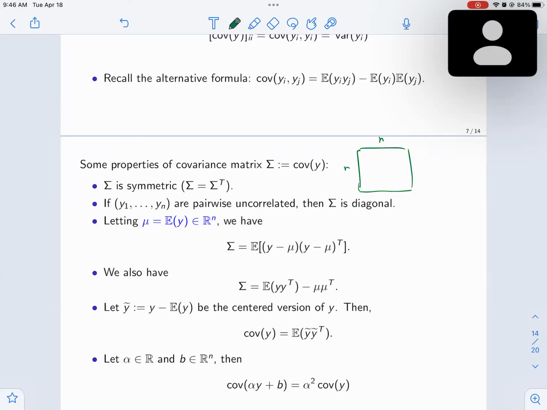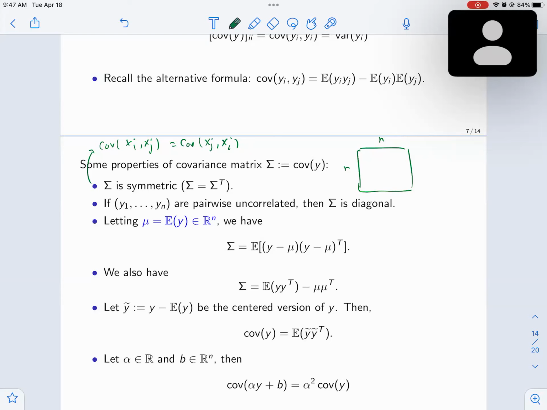Yes. Because the covariance of xi, xj is equal to the covariance of xj, xi. So that's the definition of symmetry for a matrix, if the ij entry is the same as the ji entry. And you can also see it's equivalent to saying that the transpose of a matrix is equal to itself.